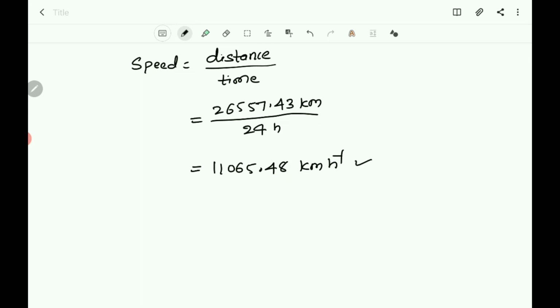Therefore, the speed of the satellite is 11,065.48 kilometer per hour.